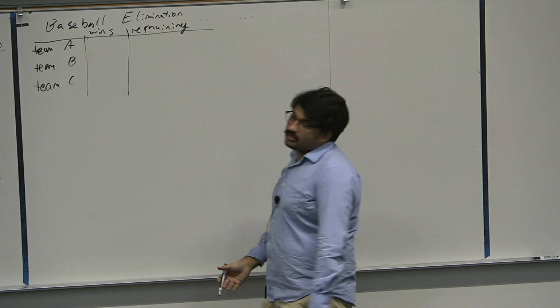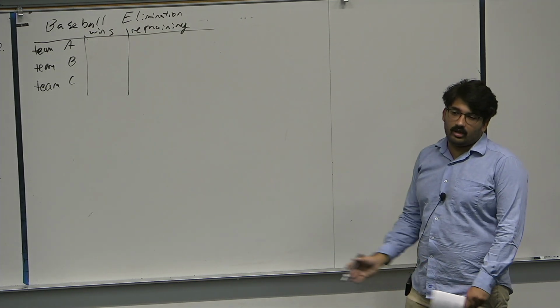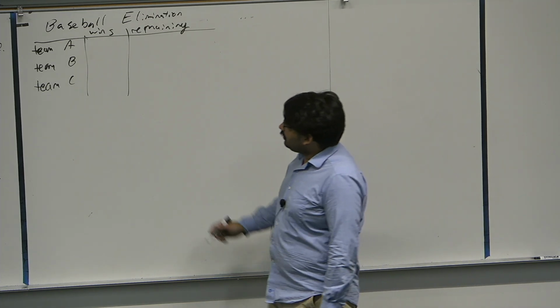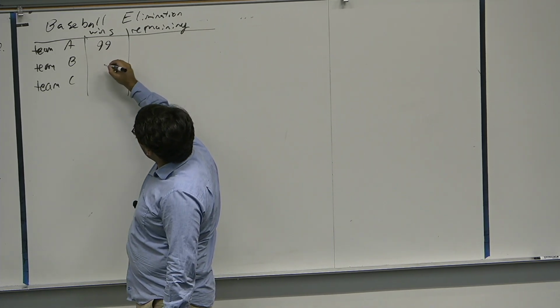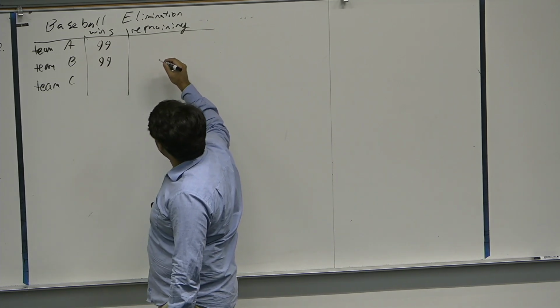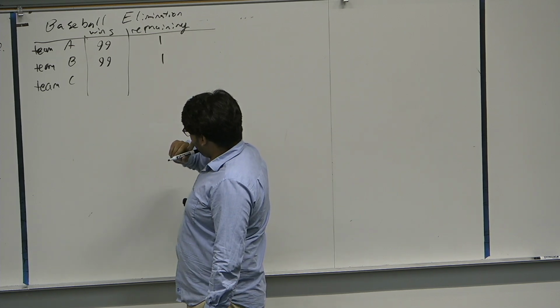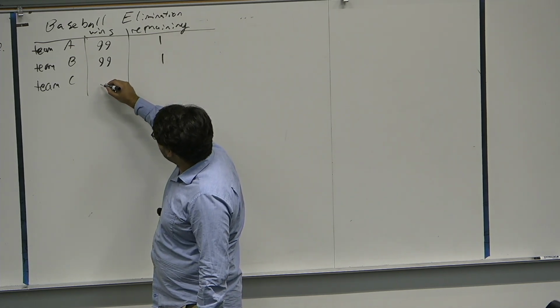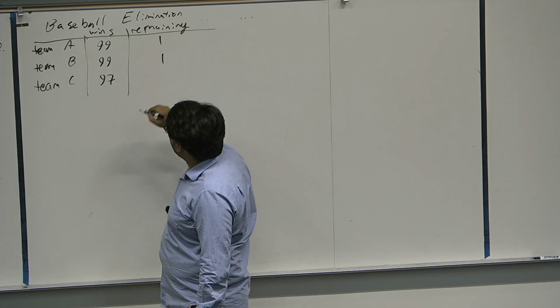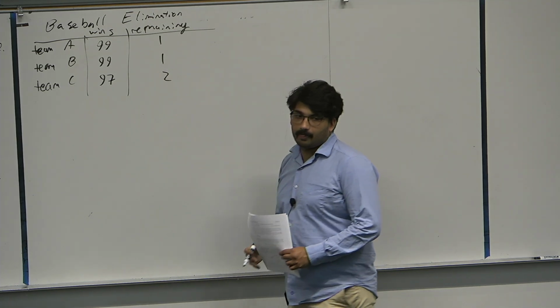And a team wins the season if they get the most wins, right? Let's say Team A and Team B have 99 wins so far, and they both have one remaining game. Team C has 97 wins and 2 remaining games.